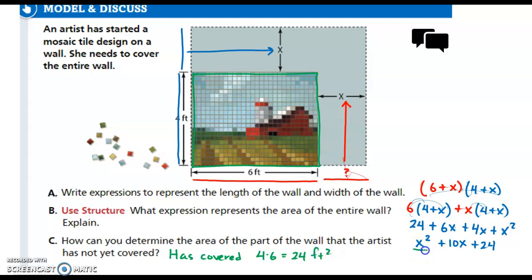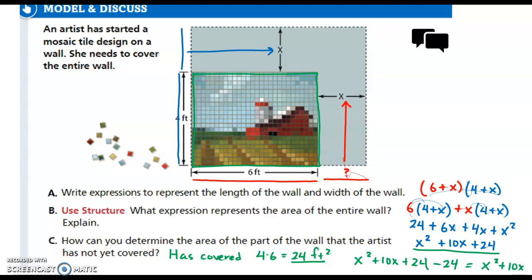The entire wall is this expression. She has covered 24, so the amount that she has not covered would be x squared plus 10x plus 24 minus the part that she has already covered. So she has not covered x squared plus 10x.